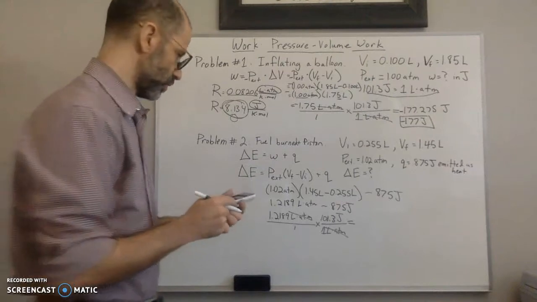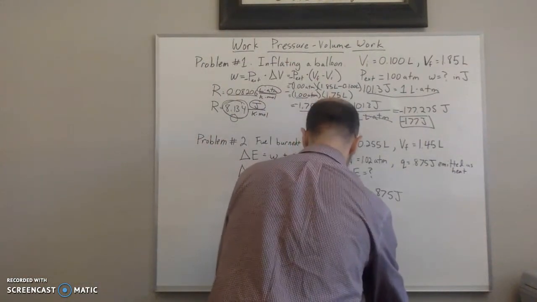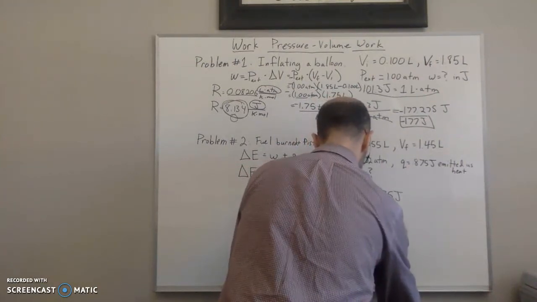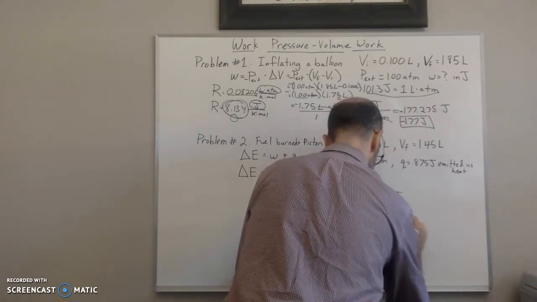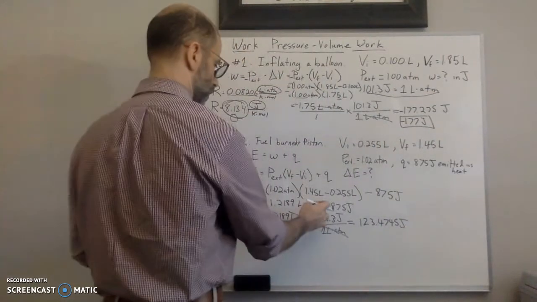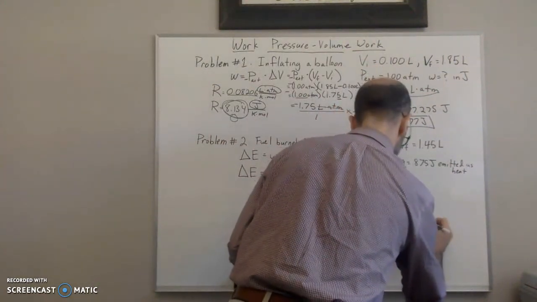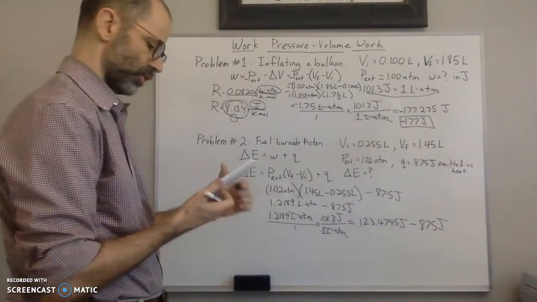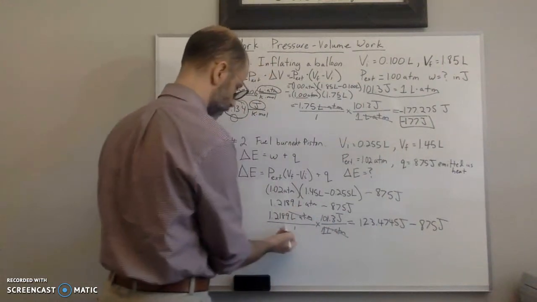And so, of course, we get 123.4745. We'll stop there, joules. And again, we're going to subtract from that 875 joules. Now before we do this, we need to keep track of our sig figs.